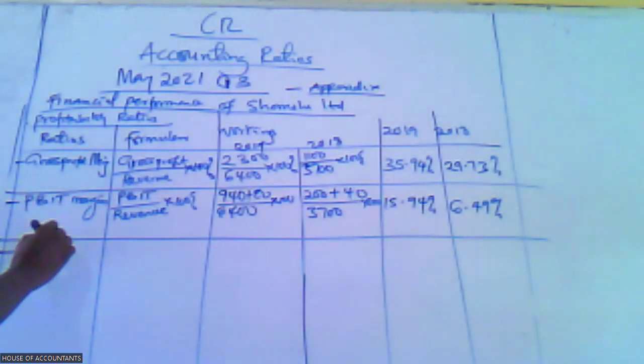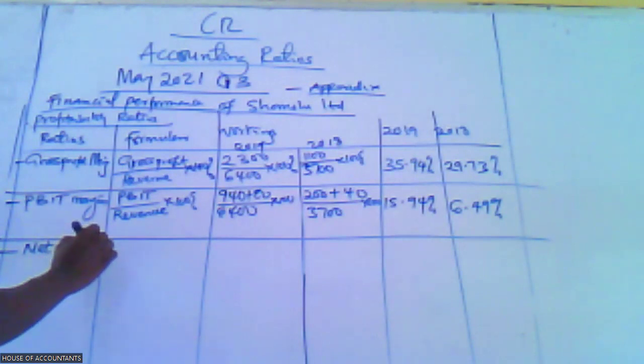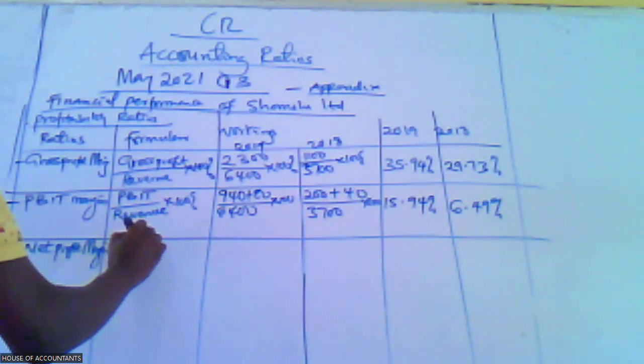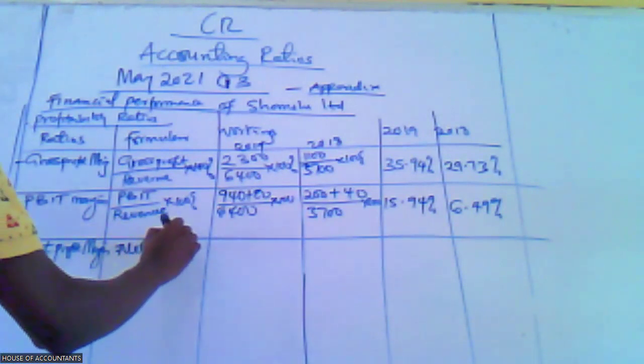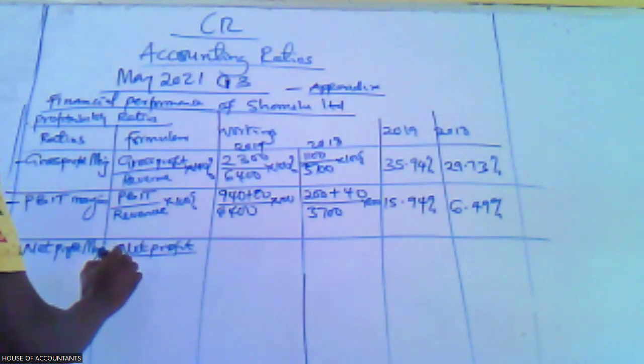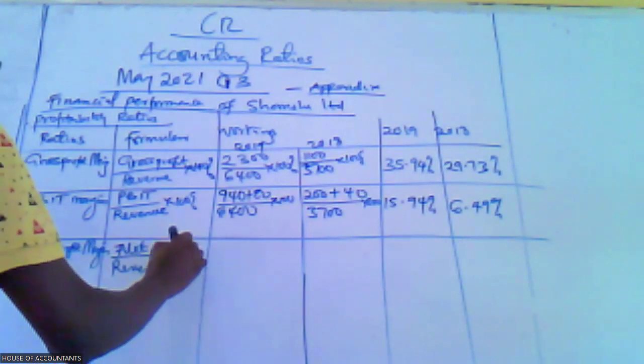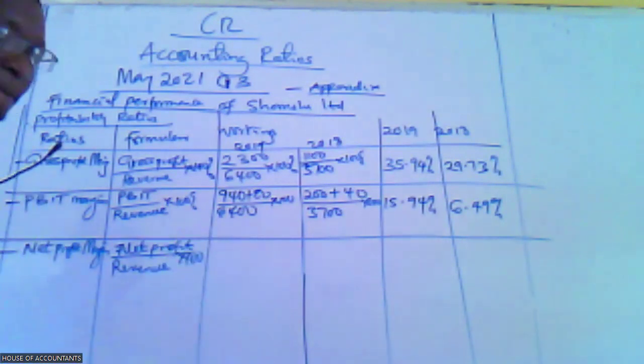Net profit margin. And that one is talking from the words: net profit over revenue, multiplied by 100%.